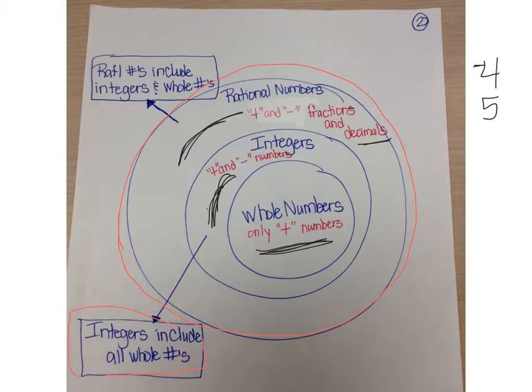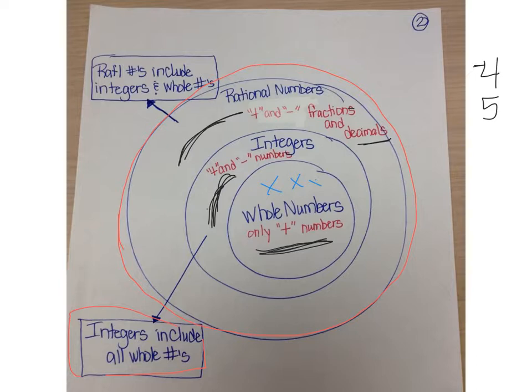Okay, so as a Venn diagram, you'll notice that the whole number circle is inside of integers and inside the rational number circle. Okay, so everything that is in this circle right here, everything that's in here is also an integer and also a rational number.